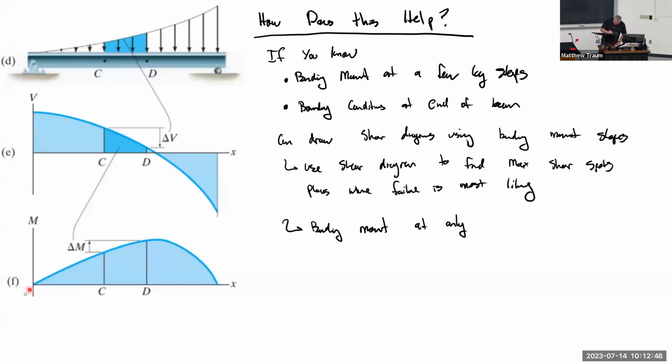Bending moment at any location can be found by taking the area under the shear diagram. So you can use this in both directions.